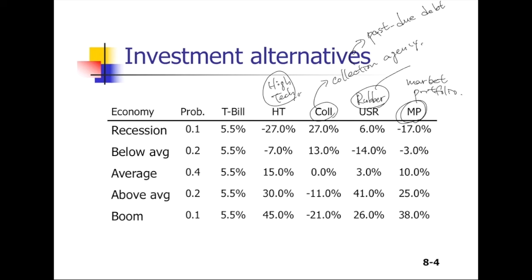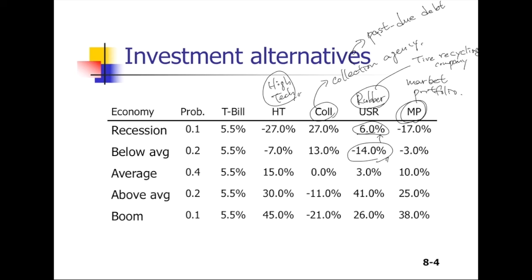It means the tire recycling company. As you can see, their expected return is a little bit strange, because if the economic condition is below average, there is a negative return, and then their expected return goes up in the market recession.